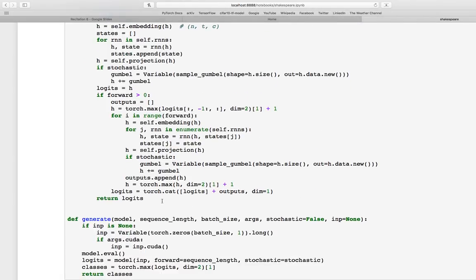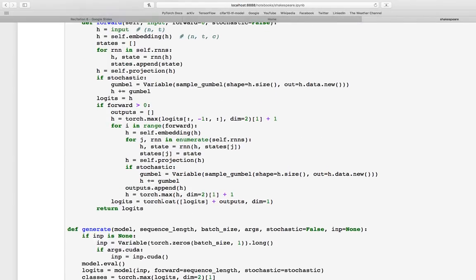So the workflow is: start with a character, pass it through 3 RNNs to get a probability distribution of the next character, add noise to it, take the argmax most likely character from that, and then regenerate a one-hot input to pass into the next step.